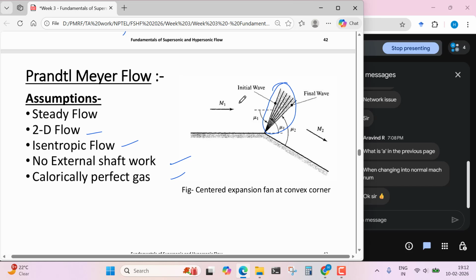Now we will see the Prandtl-Meyer flow. Prandtl-Meyer flow happens, or a Prandtl-Meyer wave forms, when flow is moving through a convex corner.